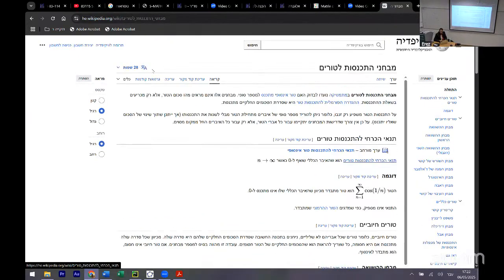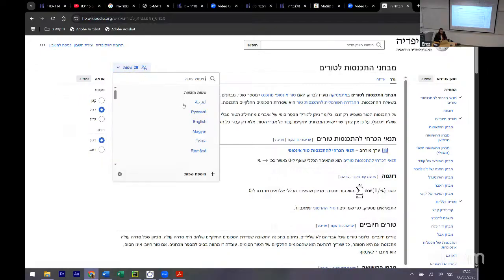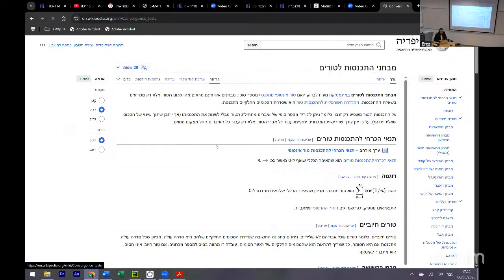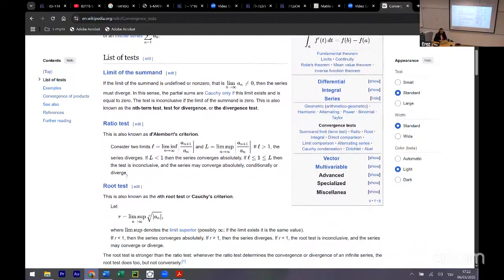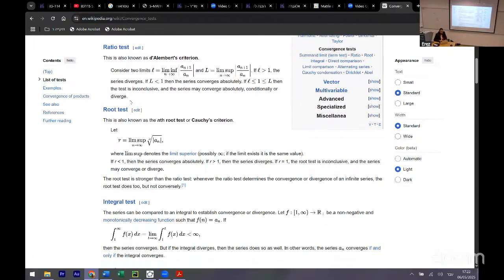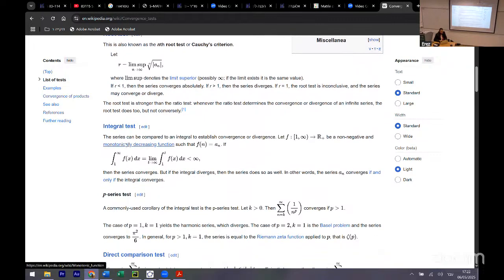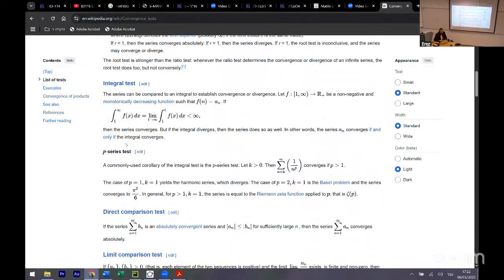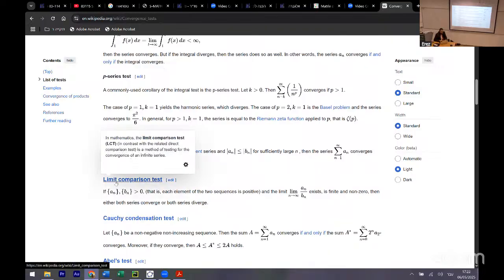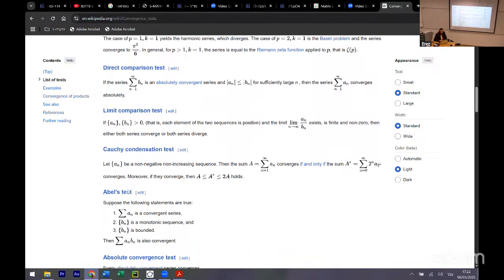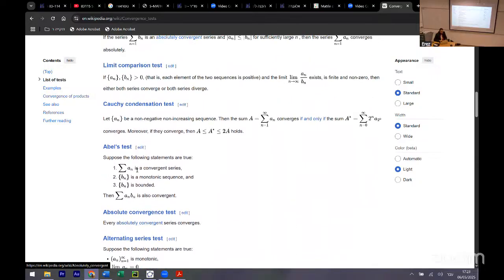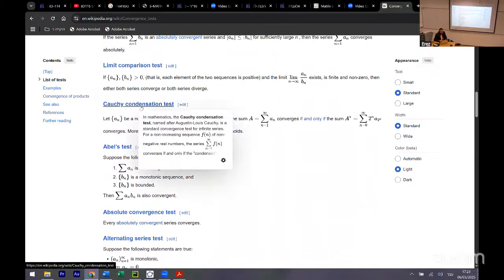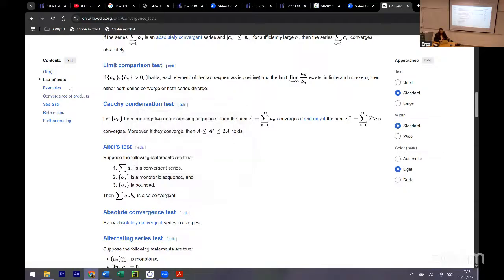And that's the English. In English, it doesn't exist. List of tests: ratio test, root test, integral test, direct comparison, limit comparison, Cauchy, Abel, absolute. No, the Cauchy condensation test, is it not that? Where? Cauchy condensation test. Oh, it's Cauchy. I didn't know. Yeah, the condensation.